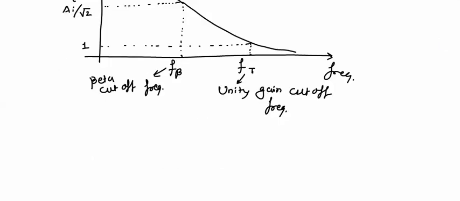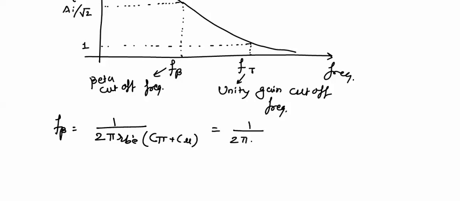The beta cutoff frequency is mathematically given by f beta equal to 1 upon 2 pi rb dash e into c pi plus c mu, or equal to 1 upon 2 pi into r pi into cd plus cc. These two capacitors, cd is also called c pi, cc is also called c mu.